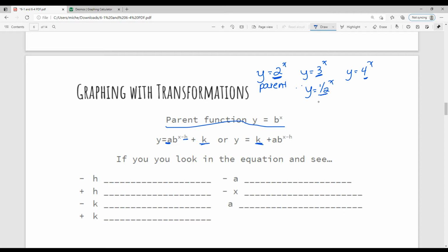If you look at the equation and you see a minus h, that means your function is going to shift to the right. If you see a plus h, it will shift to the left. If you see a minus k, that function is going to go not up, it's going to go down. Plus k will mean the function will shift up. And negative a is a reflection across the x-axis.